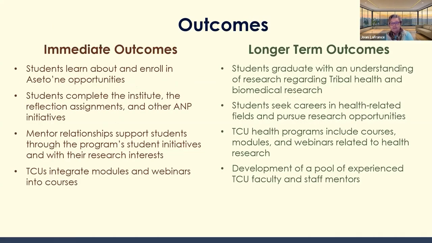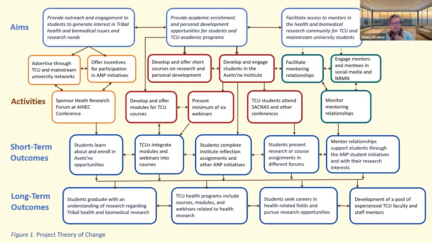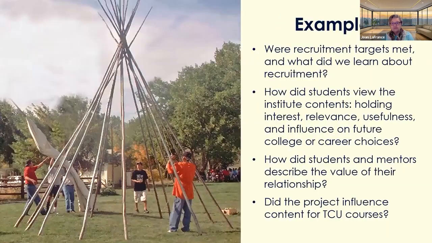And I'm not going to do this right now because I want to show that once we've done the assumptions, we can ask questions. For example, if we make the assumption that students will be interested in the program, an obvious question is, were those recruitment targets met?